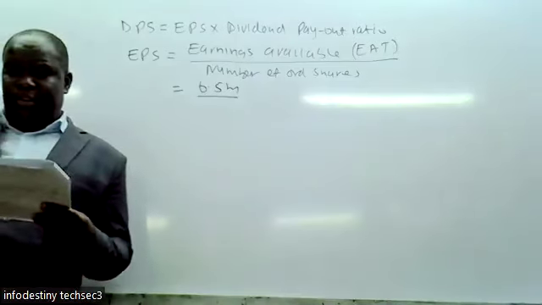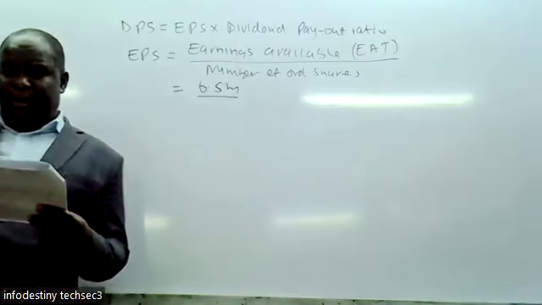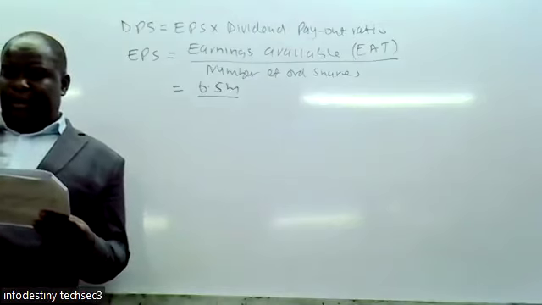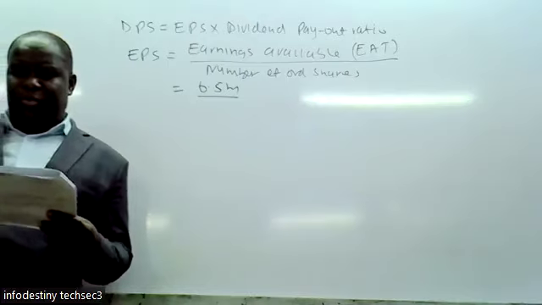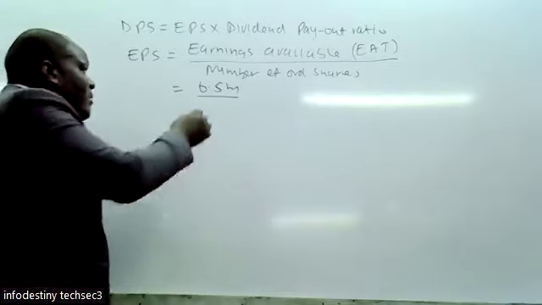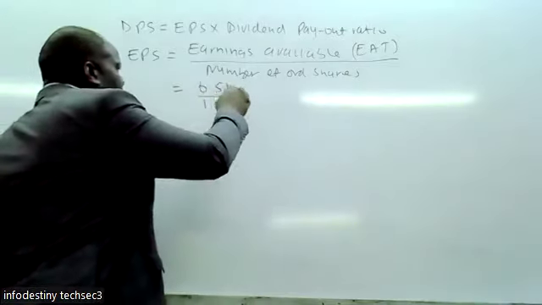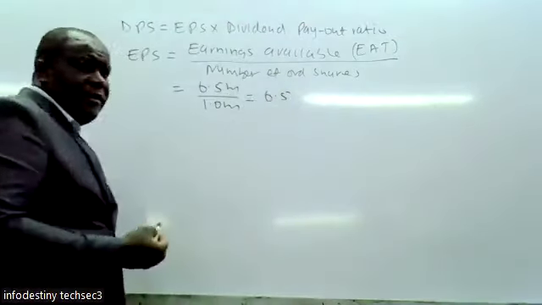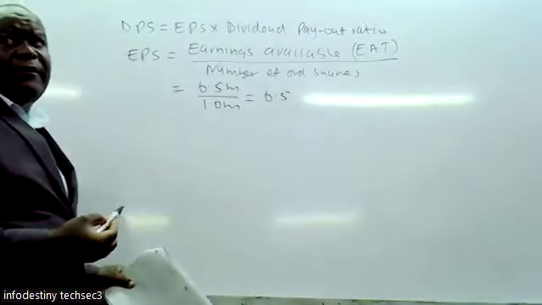Number of the ordinary shares were also given in the same area, where they say the dividend is on 1 million issued and fully paid up shares. 1 million. So we divide by 1 million, so that we get 6.5. Right? We get the 6.5.